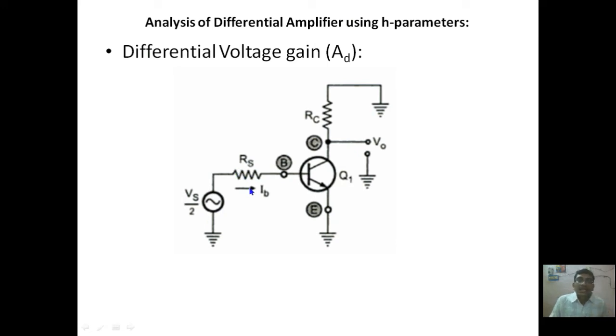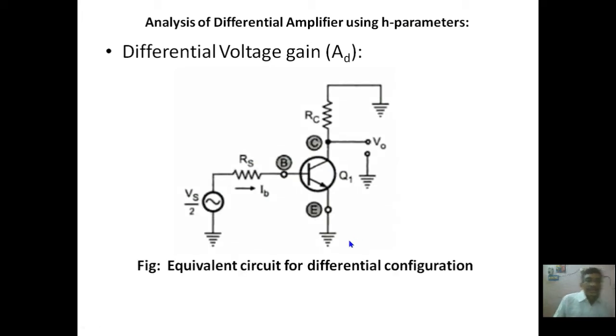The current flowing in the base of the transistor Q1 is IB, and the current flowing in the collector of the transistor Q1 is IC. We are taking the output across the collector of the Q1 section. This is the base, collector, emitter section, and RS is the source resistance, and Vs by 2 is the supply voltage.